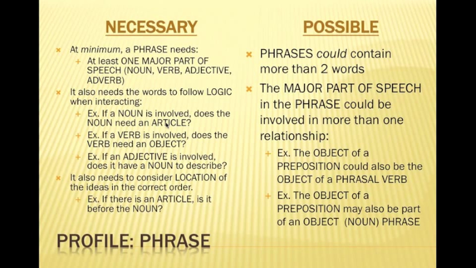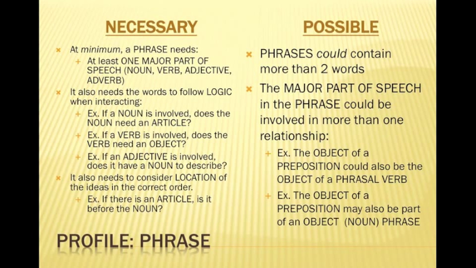Remember, some nouns need articles. It just depends on their use in the example. Again, what about a verb? If we use a verb in a phrase, does the verb need an object? Again, phrasal verbs do. What about adjectives? If we have an adjective involved, remember, adjectives do need nouns. So if I throw an adjective in there, where's the noun that it's describing?